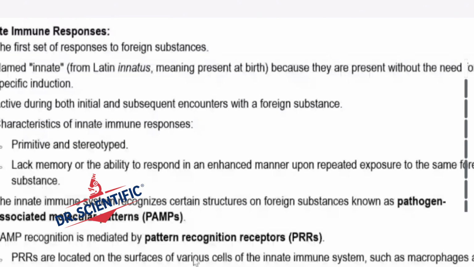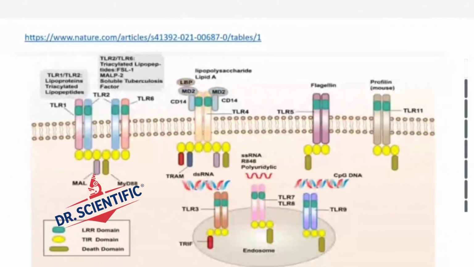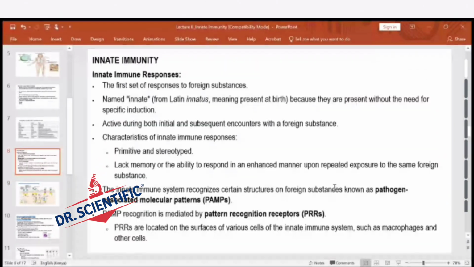Yeah, so that is in simple terms what this structure means. Of course, it will enable you to further dig deep and understand what happens. So we've said the innate immune system is characterized by its specific cells here.